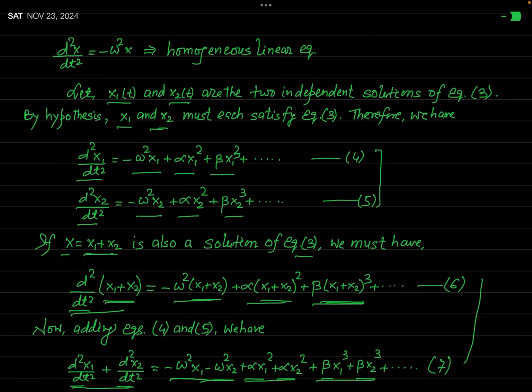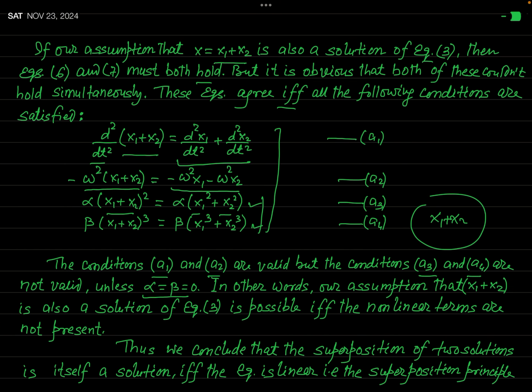Only then will the condition that x1 plus x2 is also the solution of equation 3 be valid. So in this way we conclude that the superposition of two solutions is itself a solution if and only if the equation is linear.